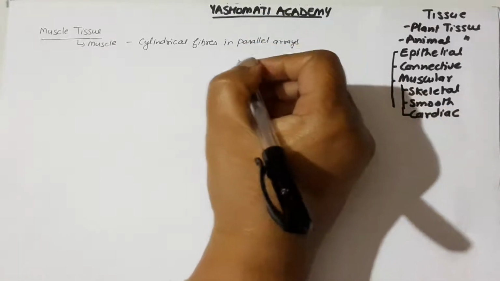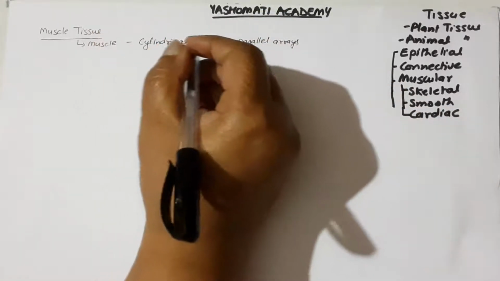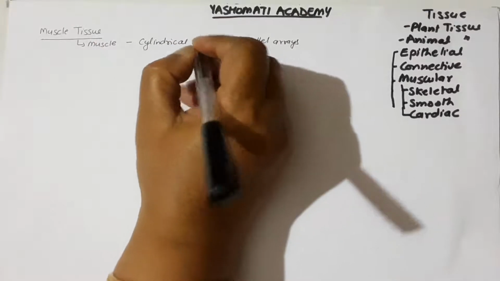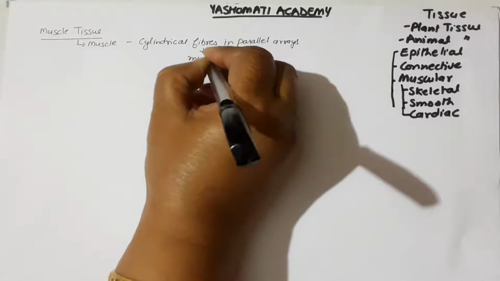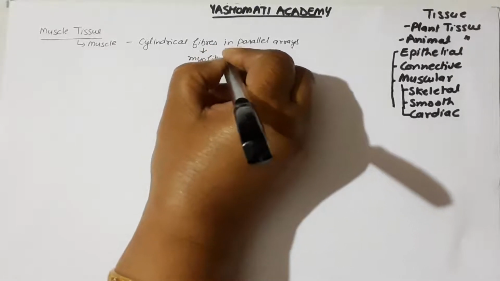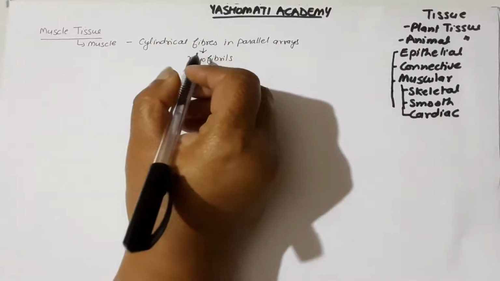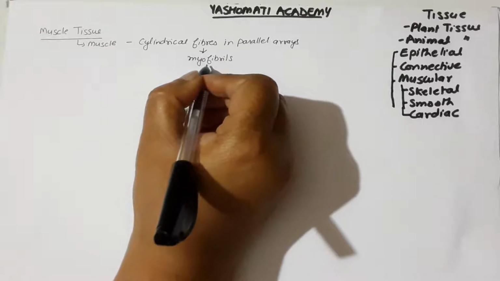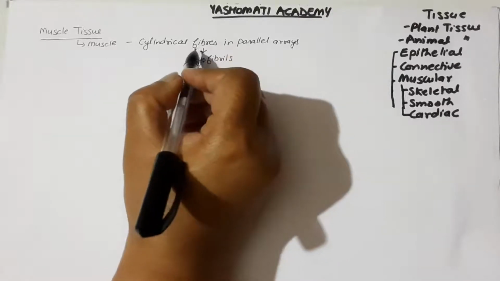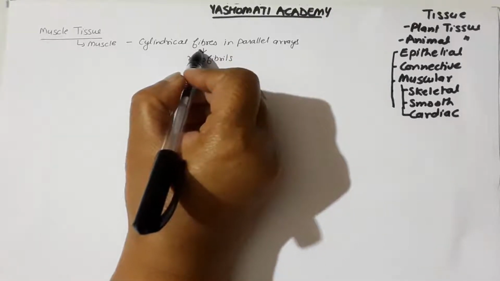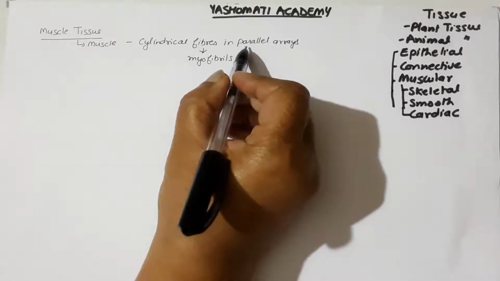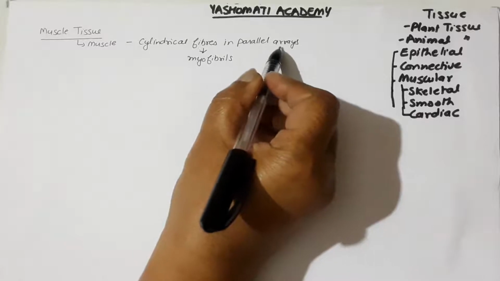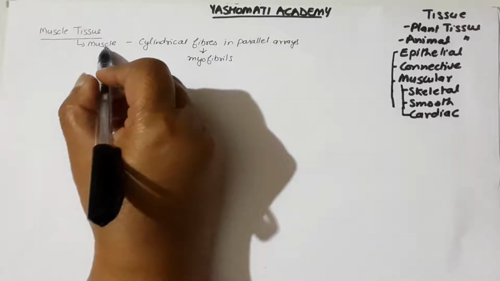These fibers are composed of numerous fine fibers which are called myofibrils. That means myofibrils make cylindrical fibers, and cylindrical fibers make a bundle in which they are arranged in parallel array that forms muscles.